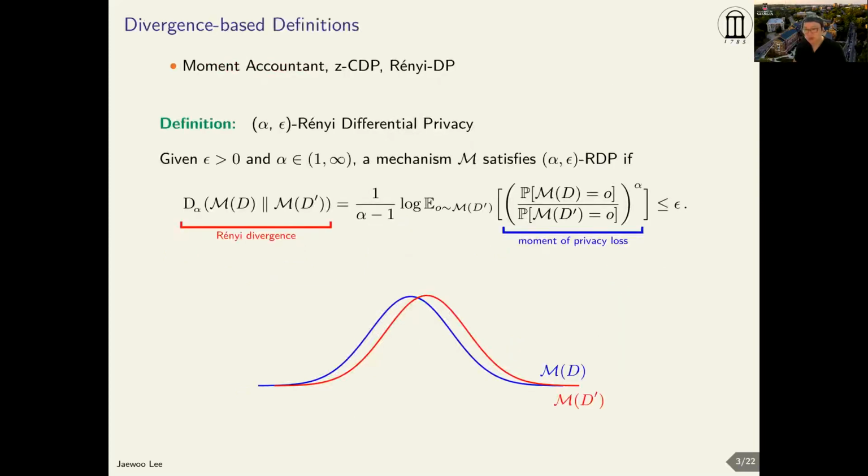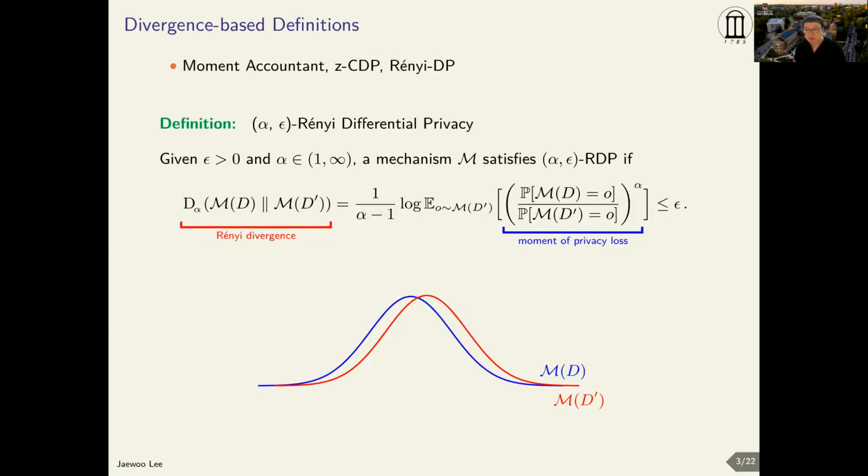There also exist other variants of differential privacy, for example, the moment accountant or zero concentrated differential privacy and Renyi differential privacy. In this work, we use the Renyi differential privacy to trace the privacy loss during the training.